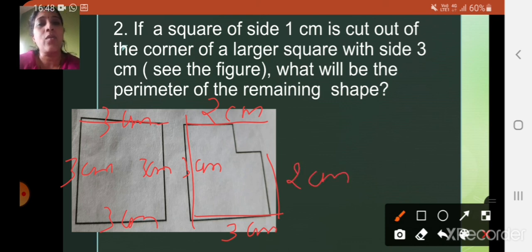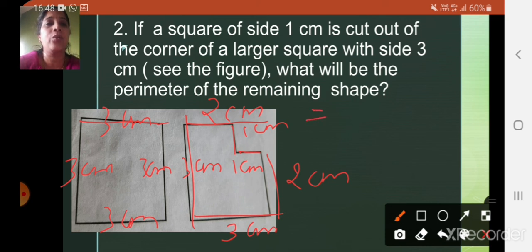Now you see this line. This line is how much? 1 centimeter. And this line also is 1 centimeter. Now you got the measurements of all the sides. Now you will add this for finding out the perimeter.